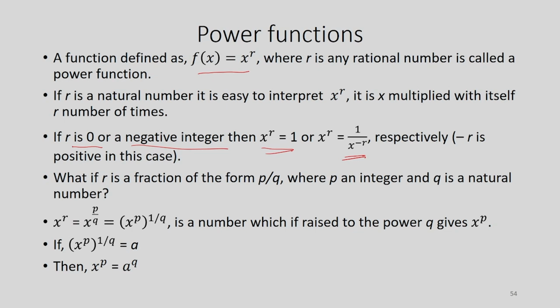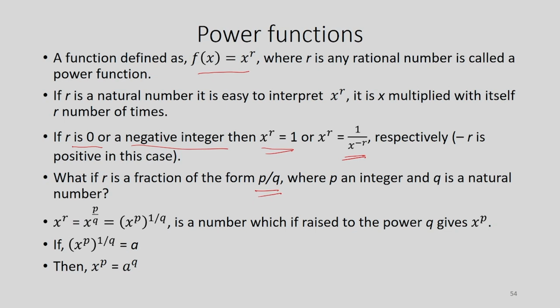So, as long as r is 0, a negative integer, a positive integer, there are not much difficulties. What if r is a fraction of the form p divided by q, where p is an integer and q is a natural number?